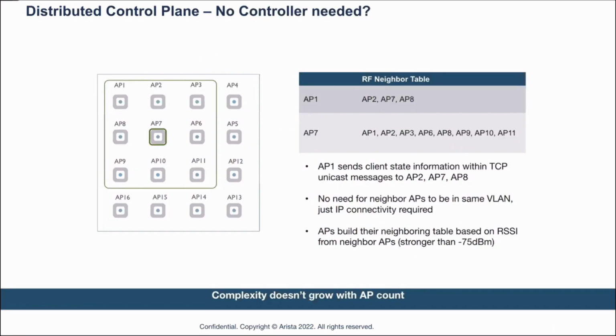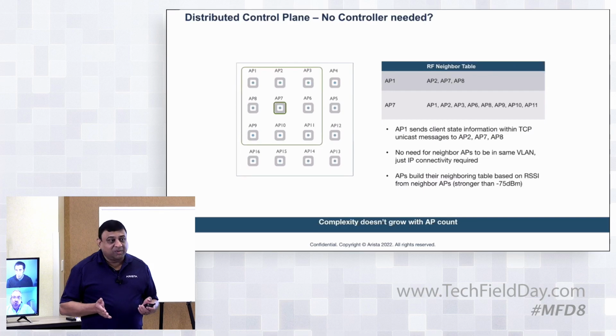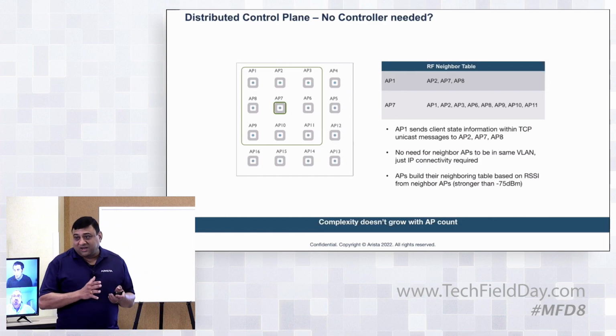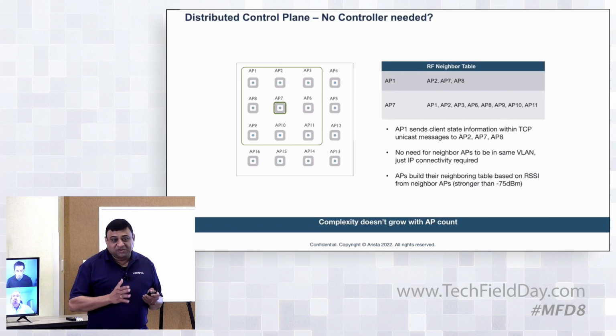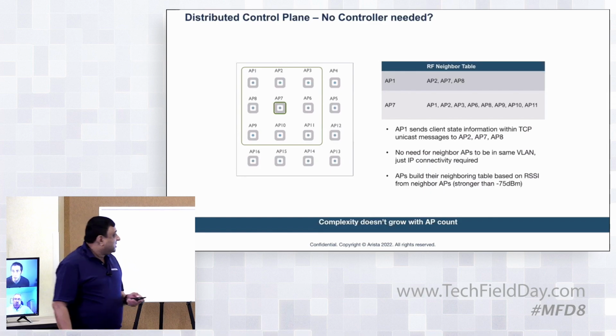And as a case in point, we have a deployment in a hospital, a live clinical deployment, where we have close to 6,600 APs working through this distributed protocol. So there are no inherent scaling issues with this kind of model. And again, in the breakout session, if you want to dwell deeper into it, happy to go into more details there.